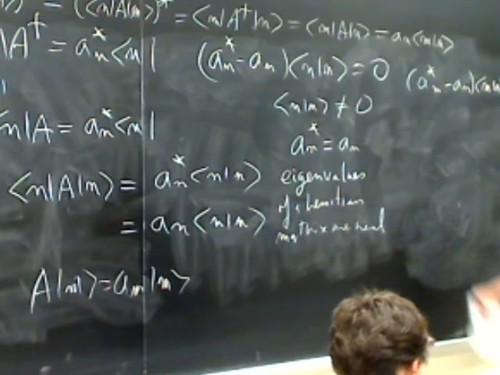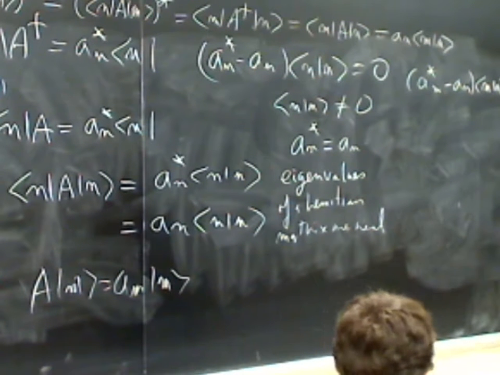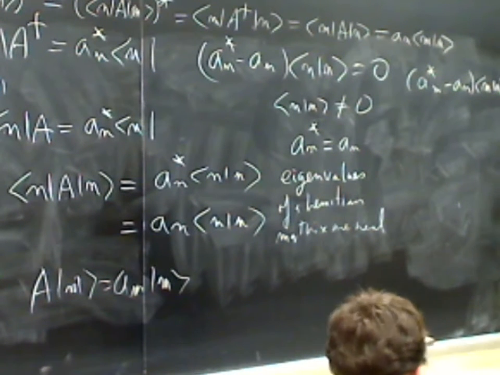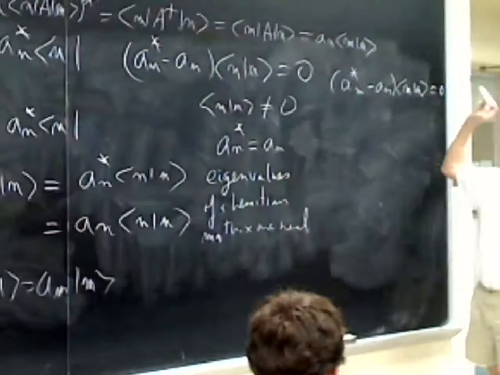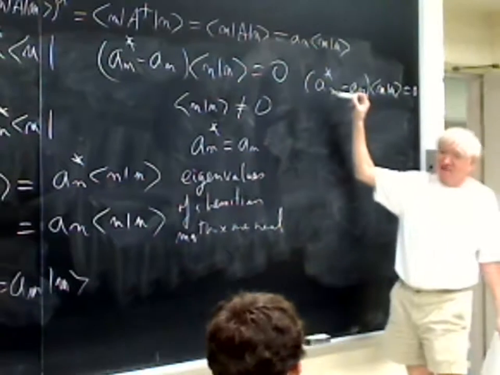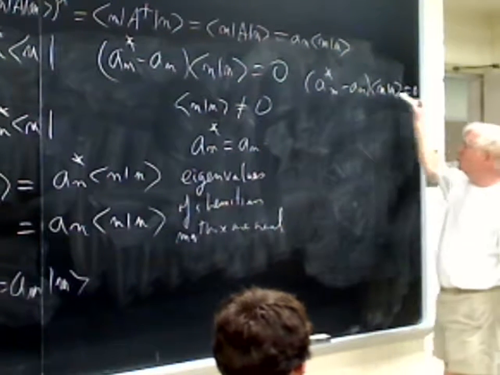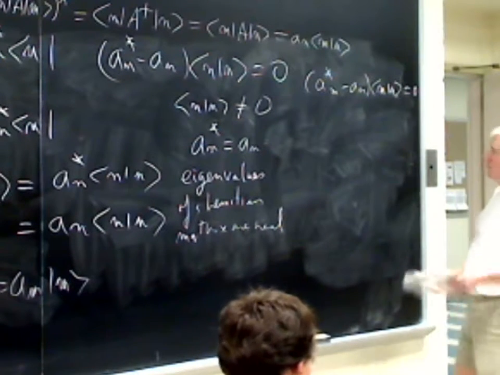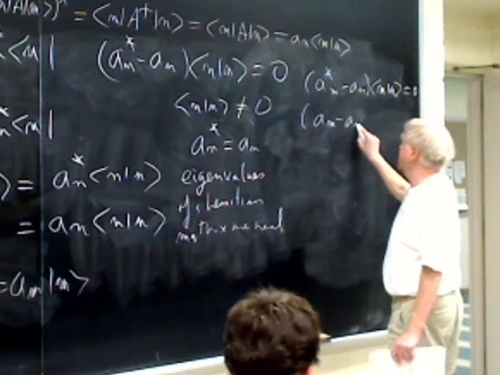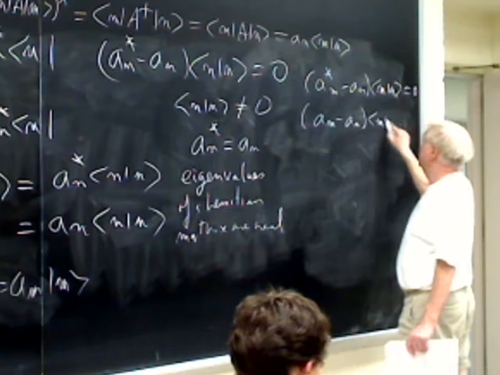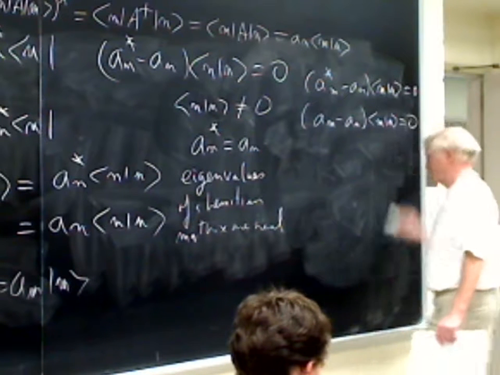So that very long equation tells us then that (a_m star minus a_n) <m|n> equals 0. So let's remember how we derived this. We derived this by assuming that n was an eigenvector of A with eigenvalue a_n, m was an eigenvector of A with eigenvalue a_m, and we get this rule. On the other hand, we know that the eigenvalues are all real, so this is also equal to (a_m minus a_n) <m|n> equals 0.